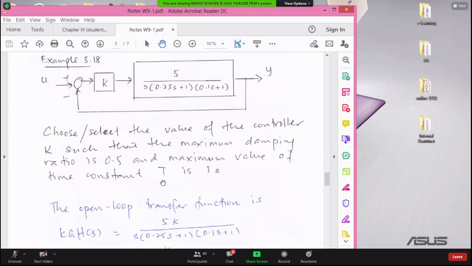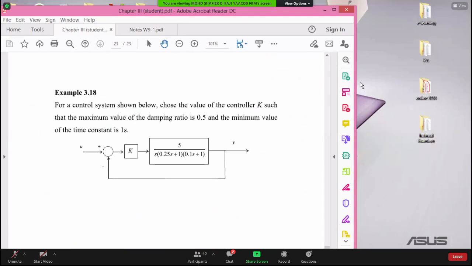Okay, here is the correct question. Choose or select the value of k such that the maximum damping ratio is 0.5 and the maximum value of time constant is 1 second. So both are maximum. The minimum here should be maximum.